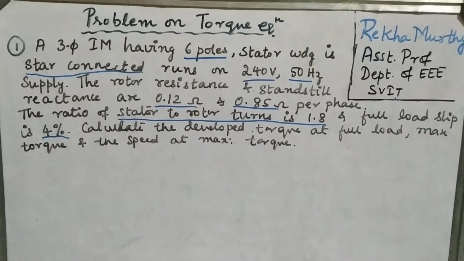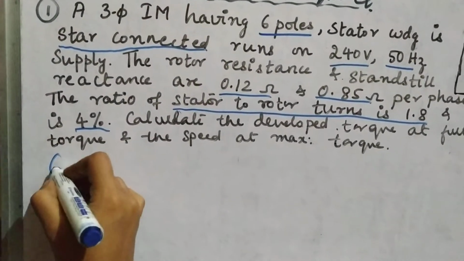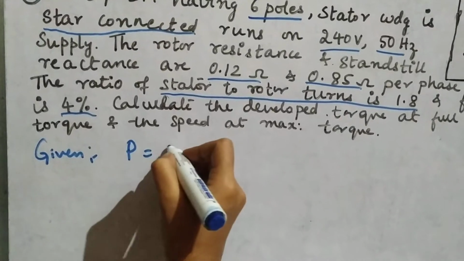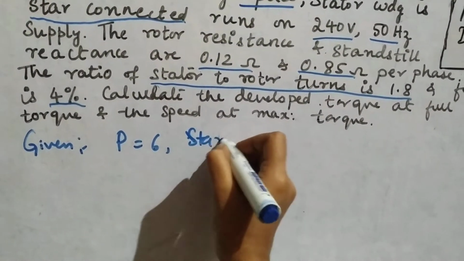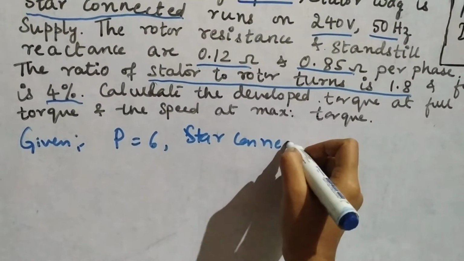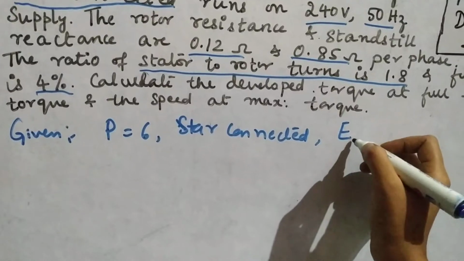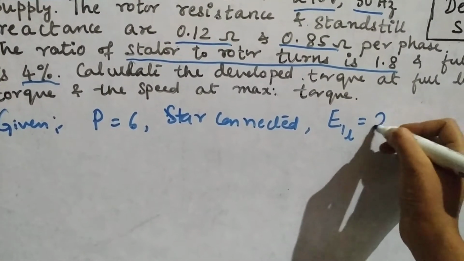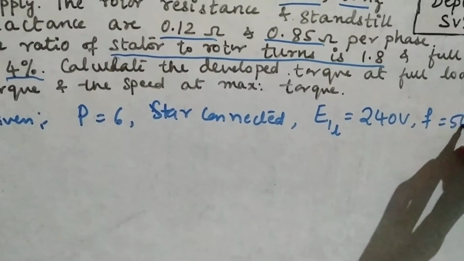Now let us write down the given data. The number of poles is 6. It is star connected. This is the line voltage of the stator, denoted as E1L, which is 240 volt. Frequency 50 hertz.